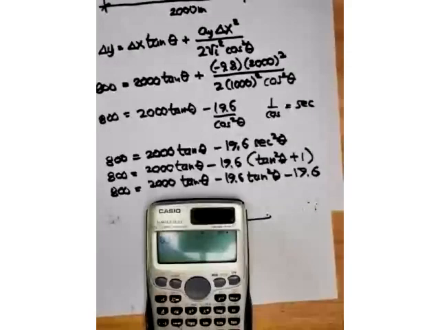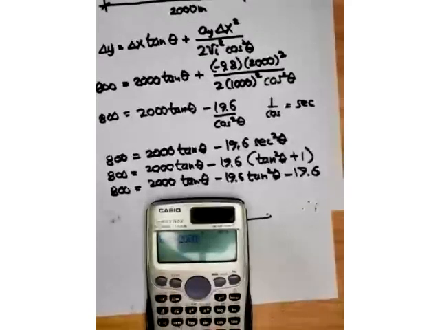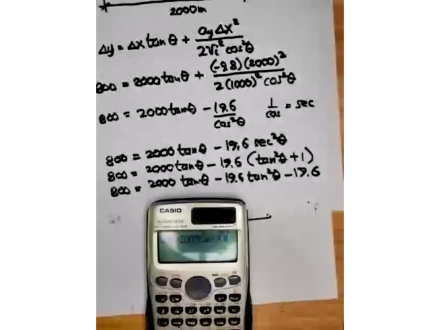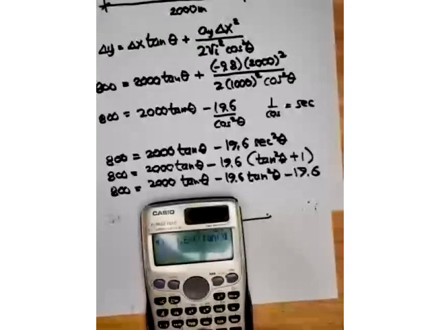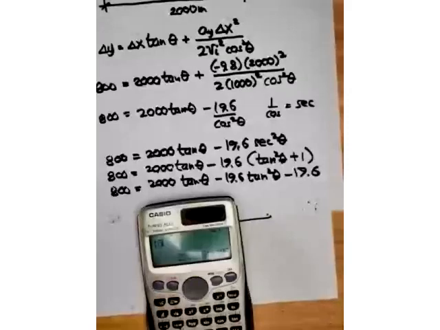I-type mo naman is 180. Shift solve, and then you type mo 180. So yung malapit sa 180, yun yung ilalabas niya.